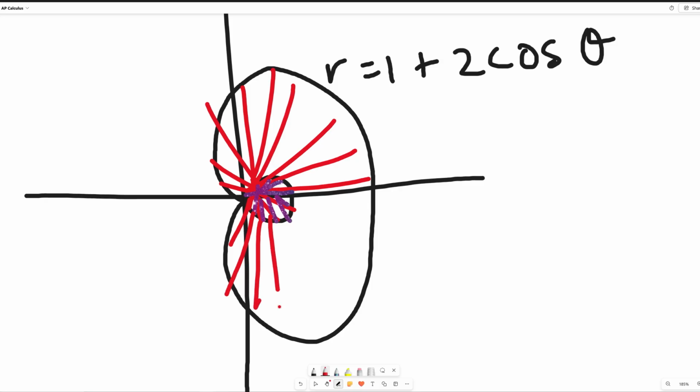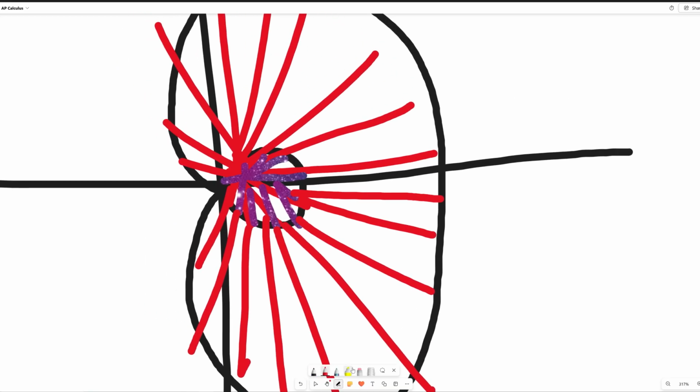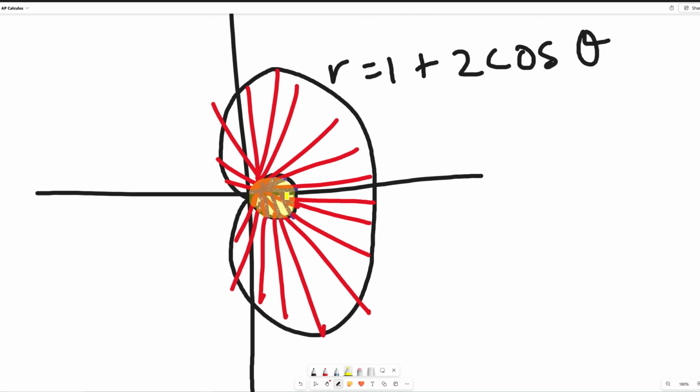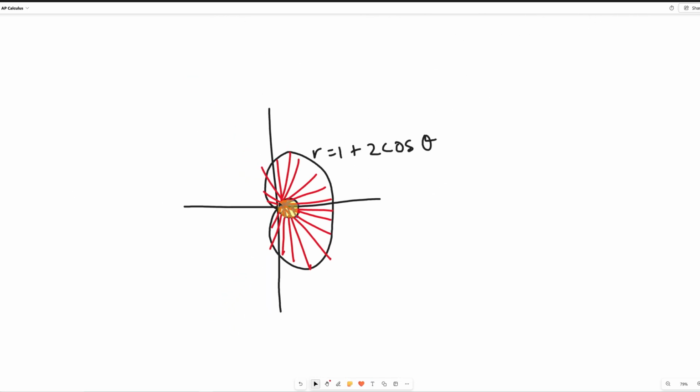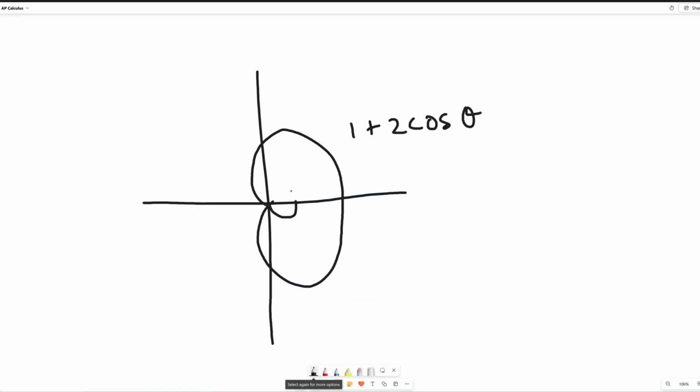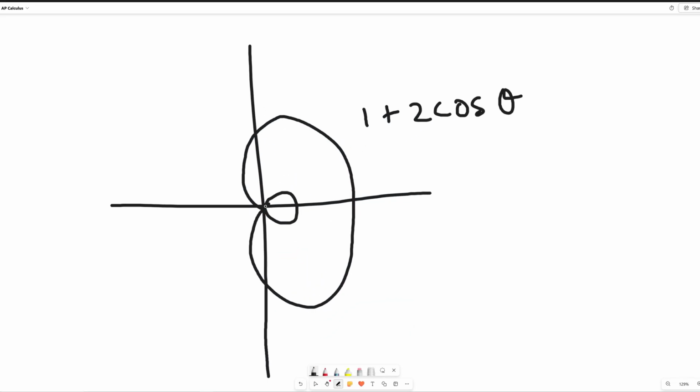So, you essentially find the area of the whole shape, plus it doubly overlaps over this inner loop right here. So, if you wanted to figure out what the area of the shape was, you would need to get rid of that inner overlap. So how do you do that?